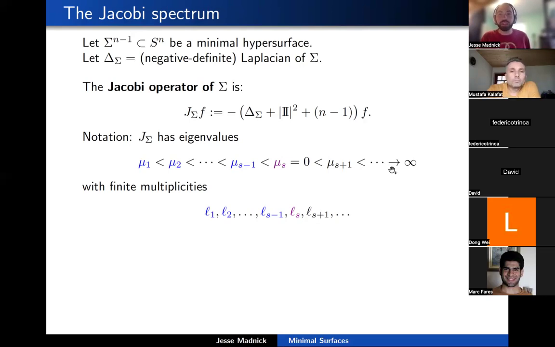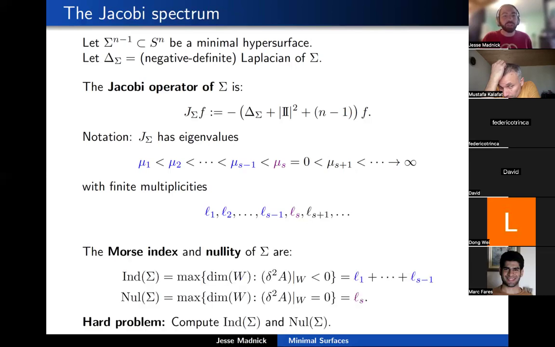This is a real sequence that goes to infinity, and the multiplicities I'm going to denote by L. So L1, L2, etc. LS is the multiplicity of the 0 eigenvalue. And recall that the Morse index and nullity are sums of these multiplicities. So the Morse index is the sum of the multiplicities of the Jacobi operator corresponding to the negative Jacobi eigenvalues, and the nullity is the multiplicity of the 0 eigenvalue.